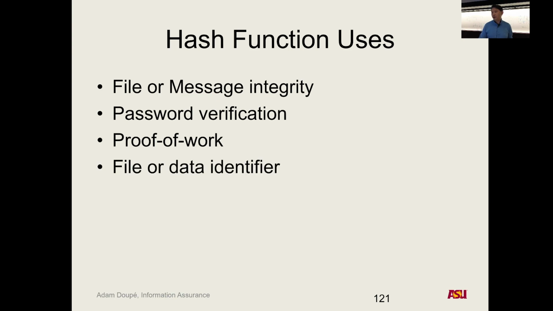And proof of work. What is proof of work? Have you ever heard of proof of work? Where is it from? So blockchain terms, right? Blockchain has some specific rules for how to add a new block to the blockchain network.